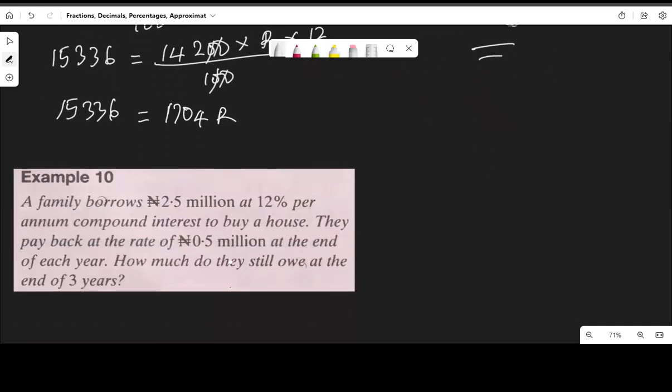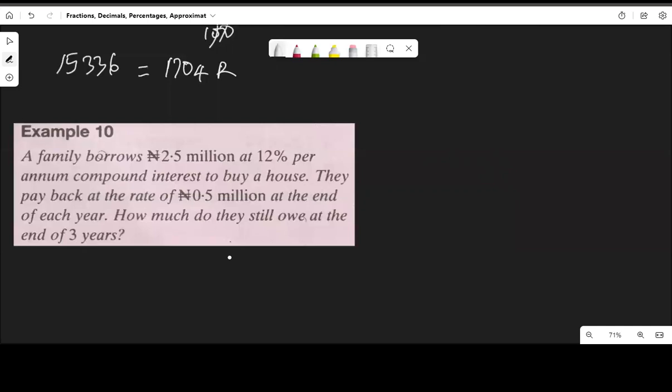Okay. That is that for example 9. And example 10: a family borrows 2.5 million naira at 12% per annum compound interest to buy a house. They pay back at the rate of 0.5 million naira at the end of each year. How much do they still owe at the end of 3 years?